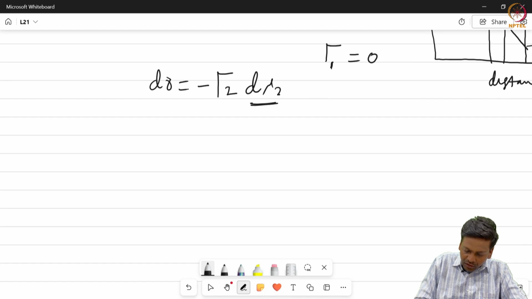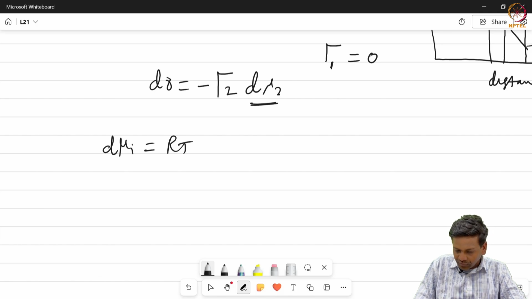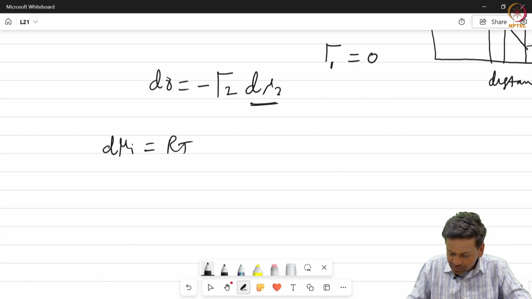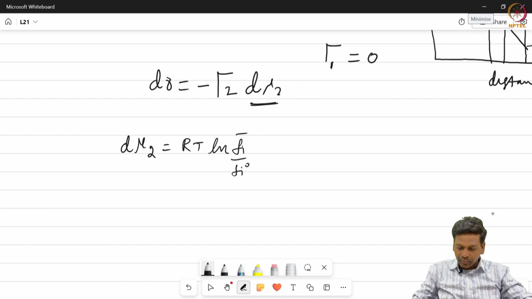We know from the mixture that d mu i is going to be RT ln (f i bar by f i naught). Here we know the change in chemical potential for a mixture, which is nothing but RT ln f i bar by f i naught.